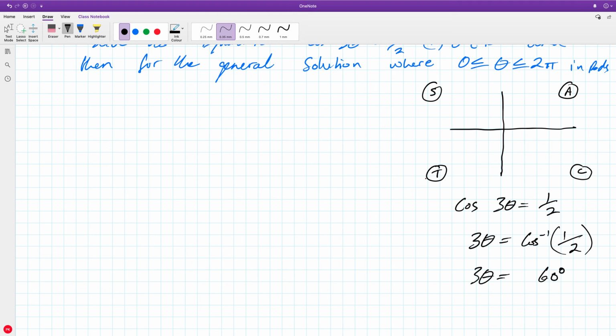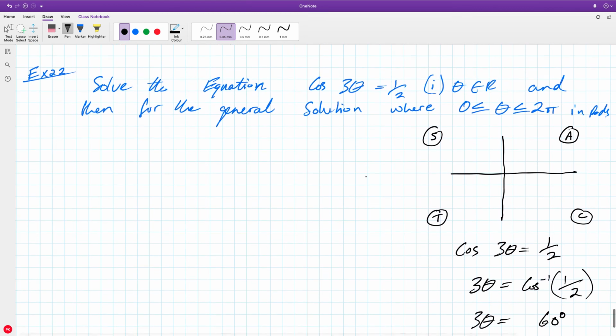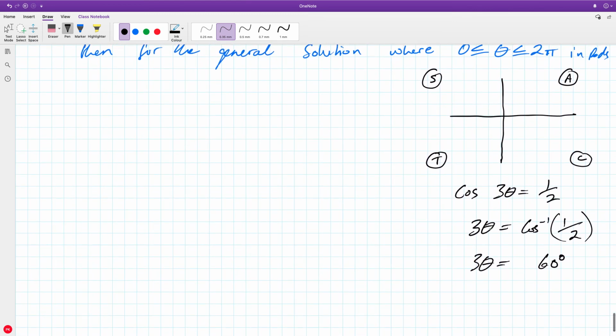Is it positive or negative? Positive, exactly. It's a half. No negative in front of the reference angle. So we have 60 degrees and we have 60 degrees. So therefore, theta is equal to 60 degrees, or 60 away from 360? 300 degrees, exactly.